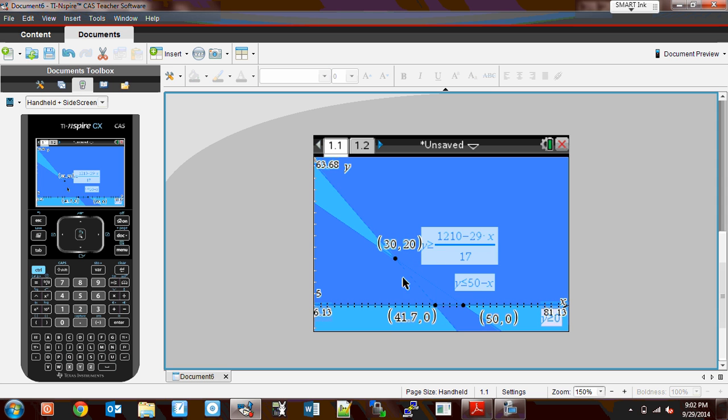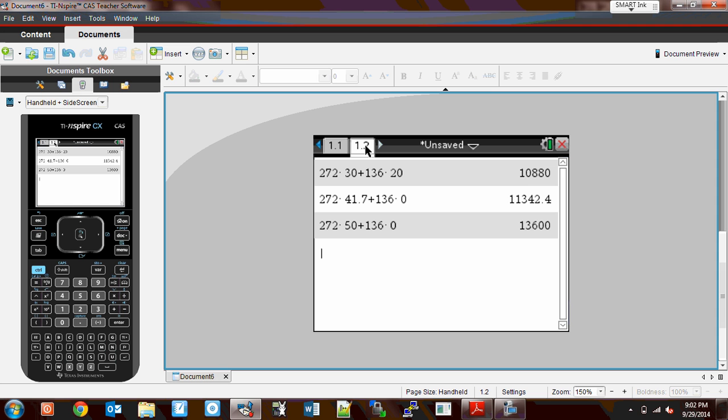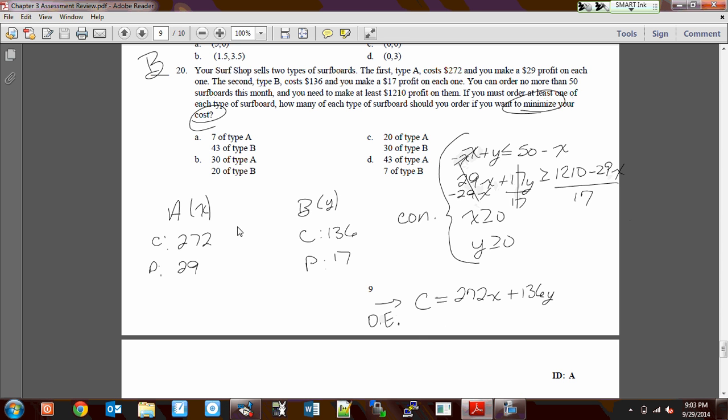So in this case, 30, 20, 41.7, 0, and 50, 0. Then you take those points, you plug them into your objective equation. Since we wanted our cost minimized, we found the one that gave us the smallest cost, which was 30, 20, 30 being X, 20 being Y. And again, we associated X with A, so that's 30 of type A. We associated Y with B, so that is 20 of type B.